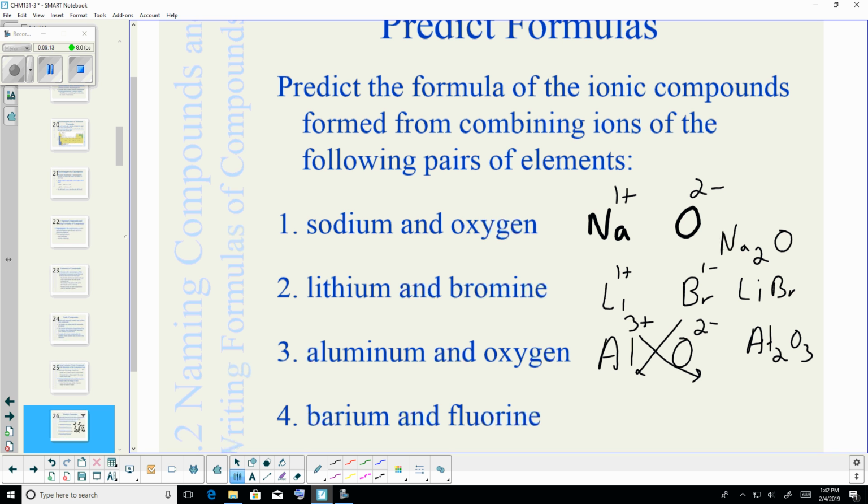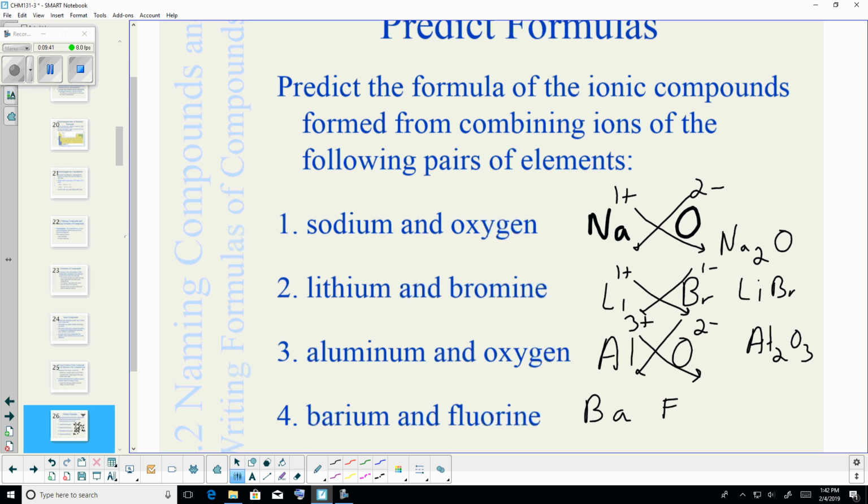Here it's 1 to 1. Here it's 2 to 1. You don't take the charges, you just take the number and move it down. So barium and fluorine.